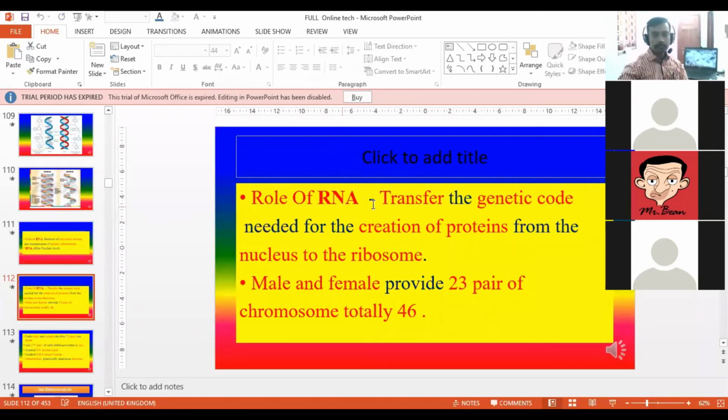The role of RNA: transfer the genetic code, and creation of proteins from the nucleus to the ribosome.